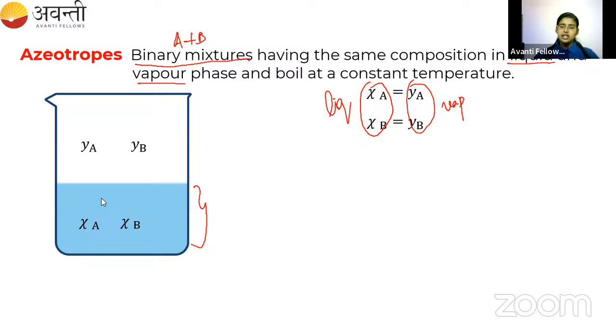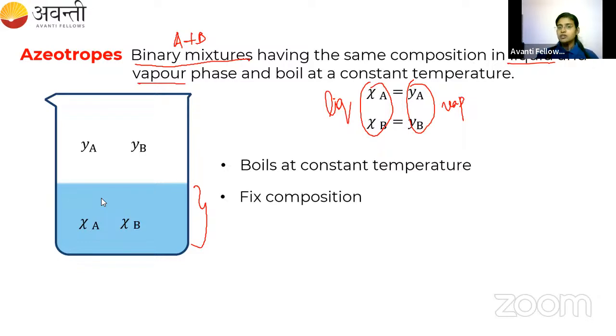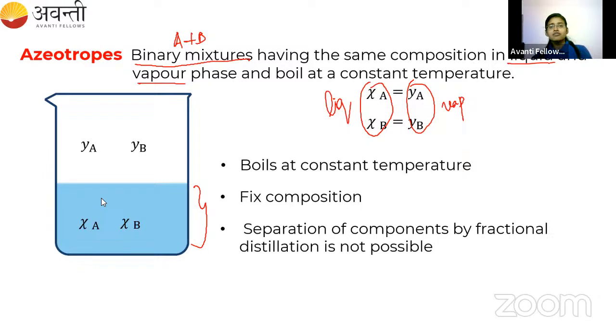Now I am going to give you some features or important points of azeotropes. The first point is they boil at a constant temperature. And they have a fixed composition. Composition will not change. It remains the same. The third thing is the separation of these components by fractional distillation method is not possible.